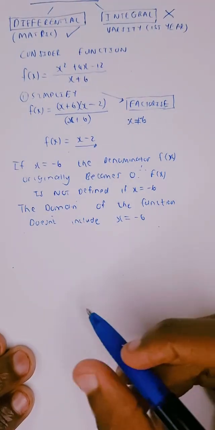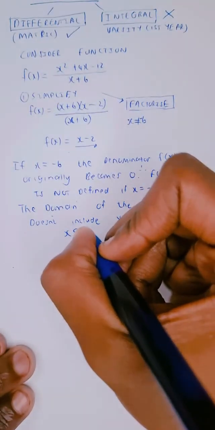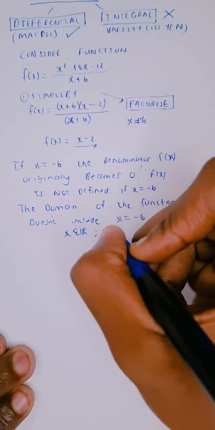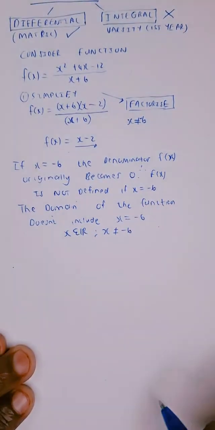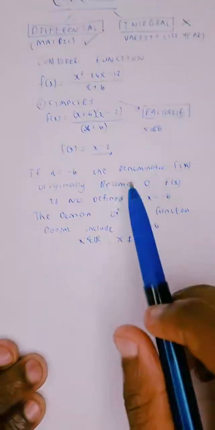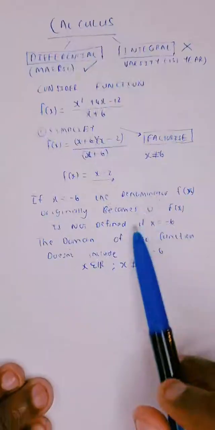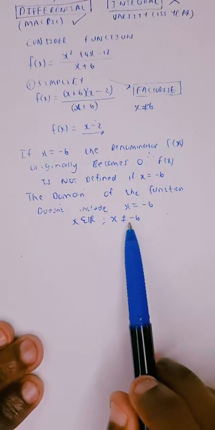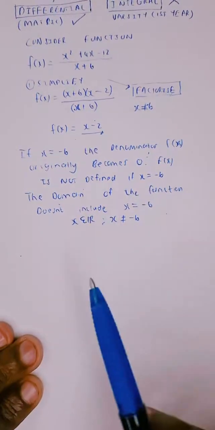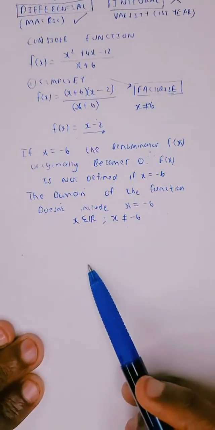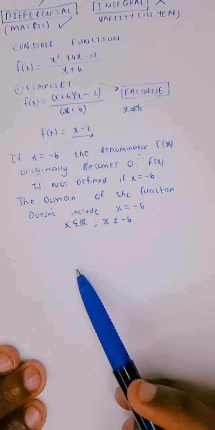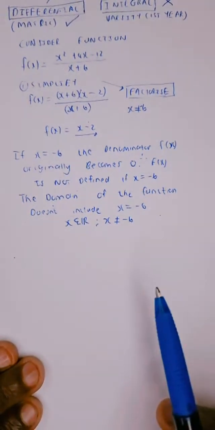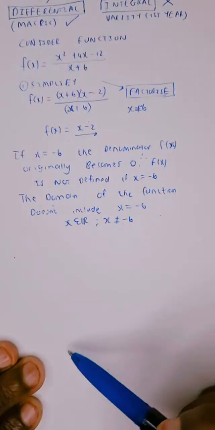So in other words, we can say that x is an element of real numbers, but x cannot be negative 6. This function here is defined everywhere for x, except where x is equal to negative 6. X cannot be negative 6. Okay? So I hope you are following my trail of thought so far.